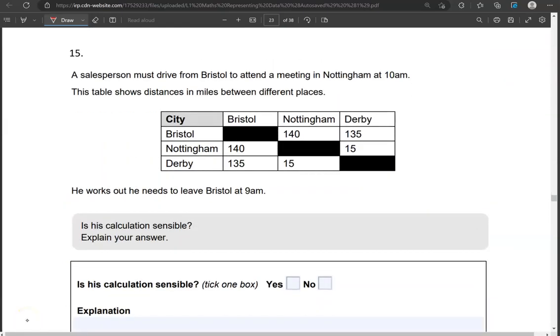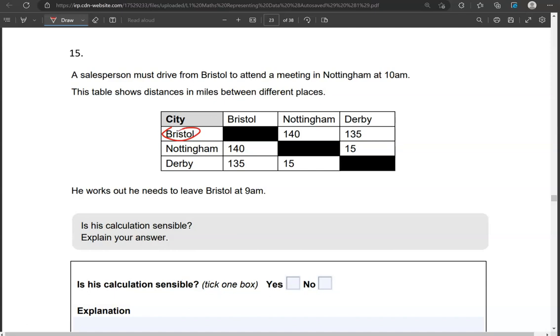A salesperson must drive from Bristol to attend a meeting in Nottingham at 10 a.m. This table shows distances in miles between different places. He works out he needs to leave Bristol at 9 a.m. Is his calculation sensible? Explain your answer.